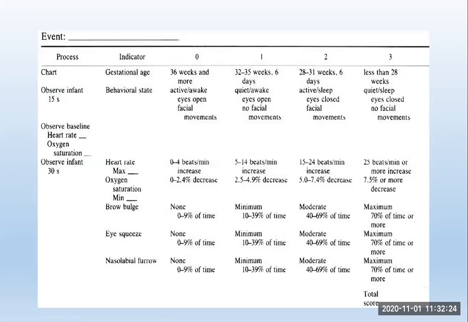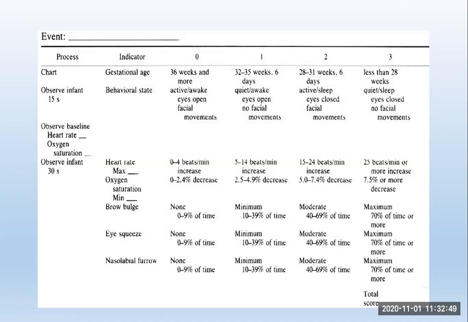So this is the chart where we put the entries and it will give a total score. You can see here the event, like heel prick, you can write here. Now what are the indicators that we should assess? Remember, we should observe the infant for 15 seconds.